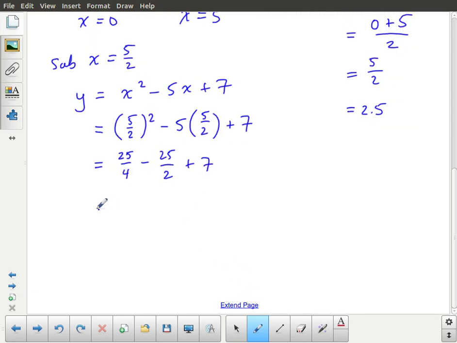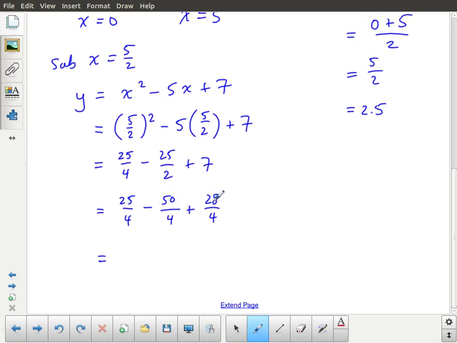To put all of this together, I'm going to need a common denominator of 4. So 25 over 4 stays the same. This one becomes minus 50 over 4. And this one becomes plus 28 over 4. And now that I've done that, I have 25 minus 50 is negative 25.